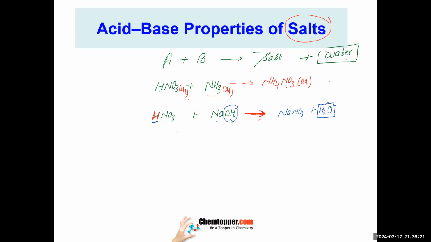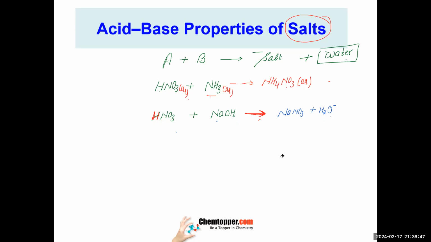Okay, now how this reaction can give you the salt, that is clear to you. Now I'm reversing the equation. I will give you a salt and you have to identify the acid and base which can be used to get that salt.